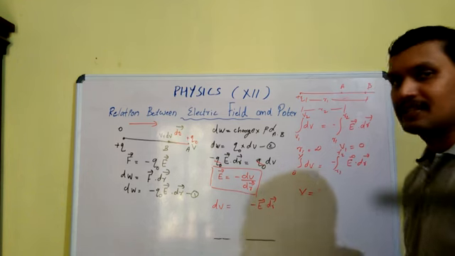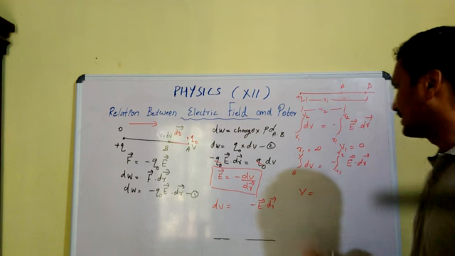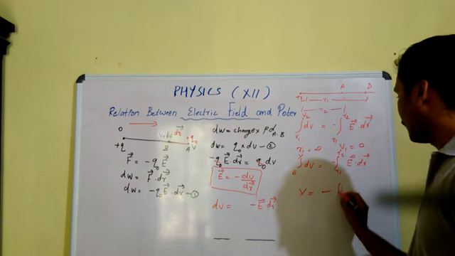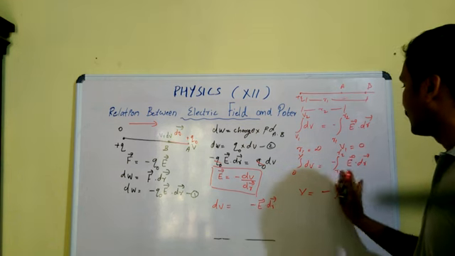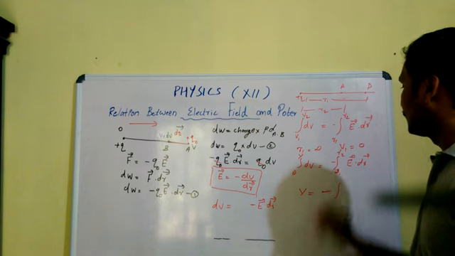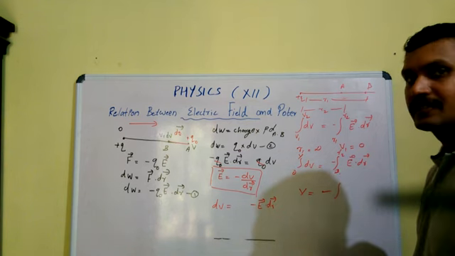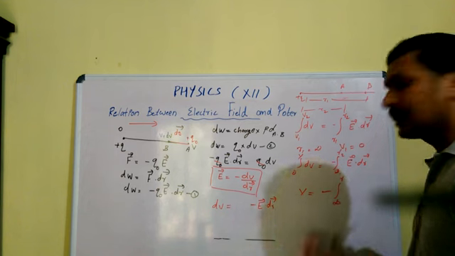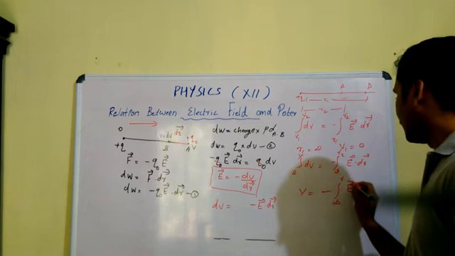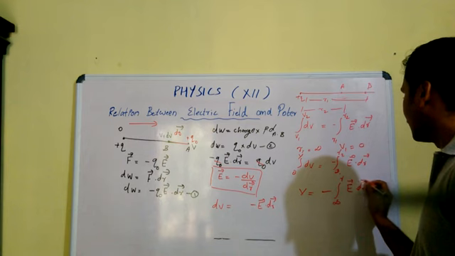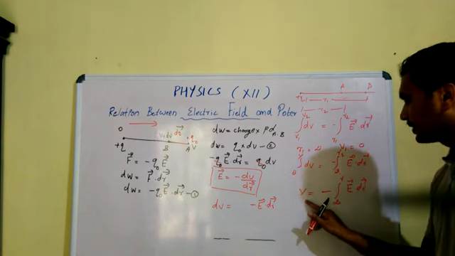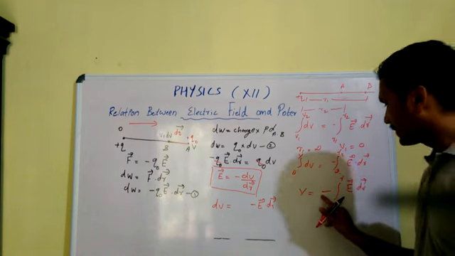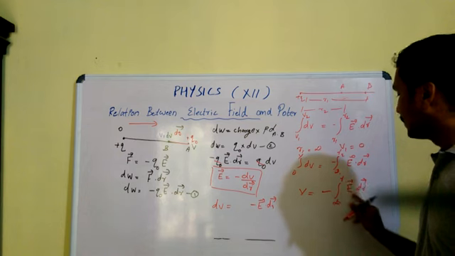Potential at a point, V, is equal to minus the integral, where we have taken r1 as infinity and instead of r2 we can simply take r, from infinity to r of E dot dr. This is the potential at a point is equal to minus integral from infinity to r of E dot dr.